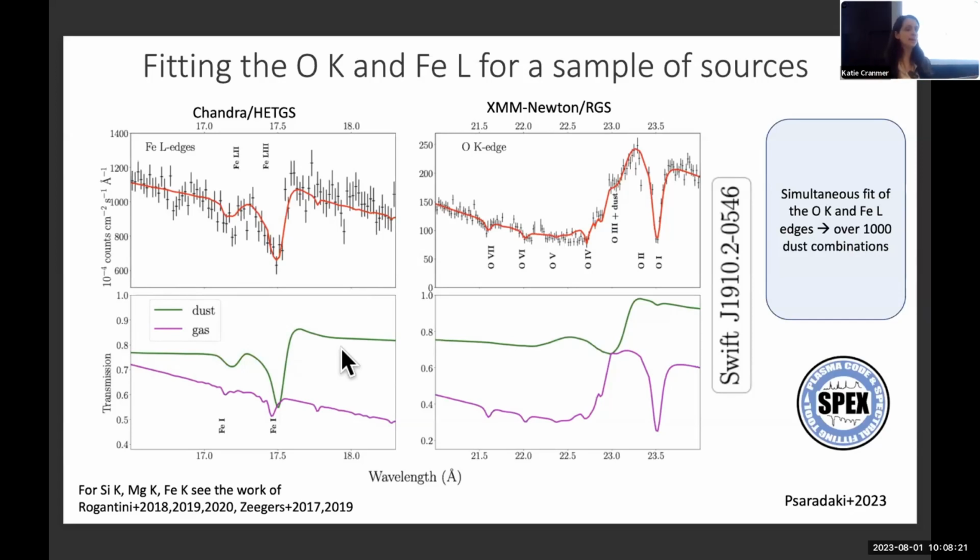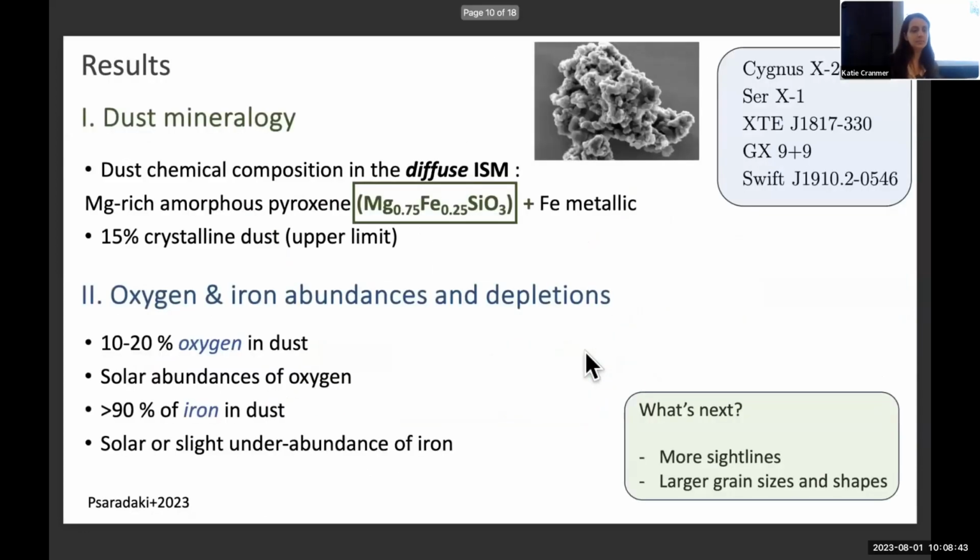So iron is highly depleted into dust, as we expected. But the situation is a little bit different in the oxygen K edge, because we have a lot of contribution from the gas phase models. There's a lot of neutral oxygen in the ISM, but there's also contribution from dust here. So it's important to take it into account in the modeling.